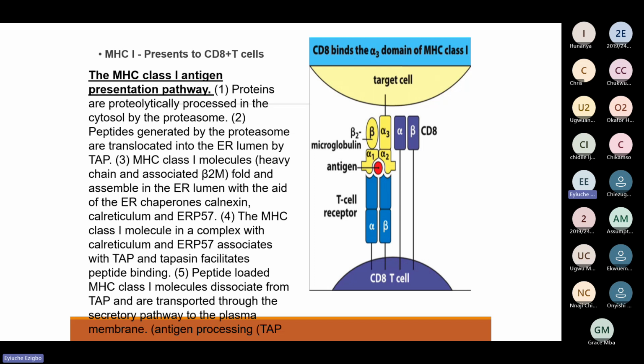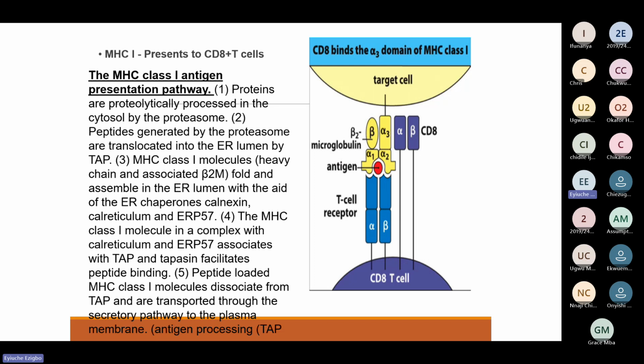Antigen processing. When you look at this diagram, you can see the target cells that have been infected already. The processing is happening in the endoplasmic reticulum, after which the antigen is presented on the antigen presenting groove of the MHC class 1 molecules.